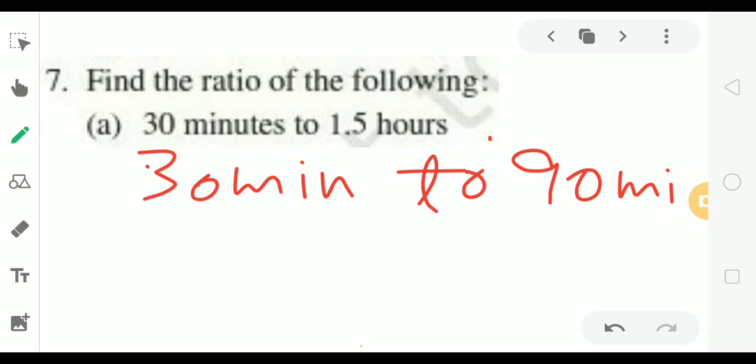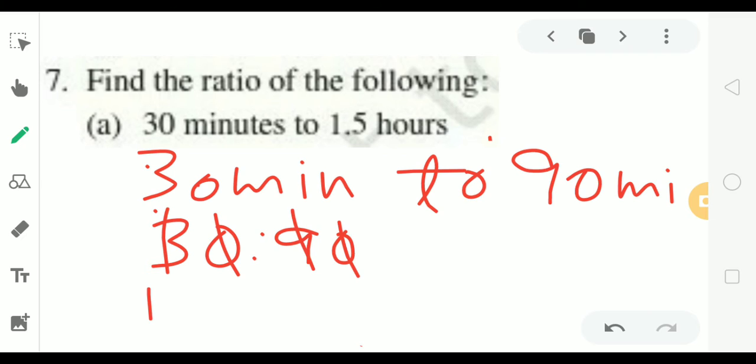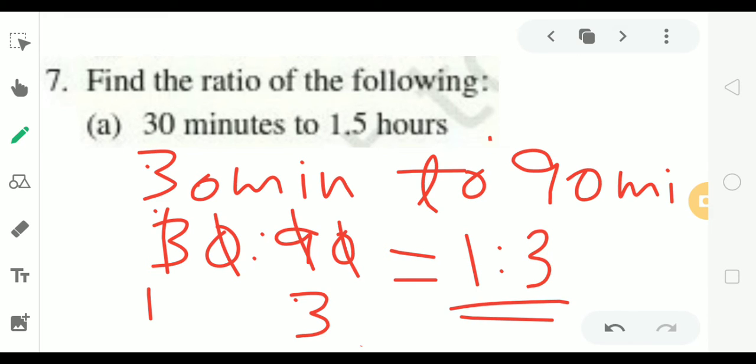Now 30 is to 90 we can write. Then the zeros can be cut. 3 and 9 in the 3 table, 3 one time, 9 three times. So the ratio is 1:3. 1:3 is the ratio of the given terms, 30 minutes to 1.5 hours. It is in the simplest form.